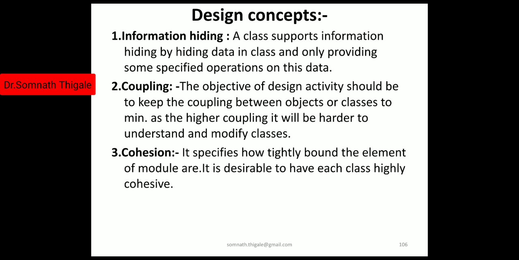Now, while working with the object oriented analysis and design approach, we are going to work with the following concepts. First is information hiding, in technical language called abstraction. Coupling, the relation between different modules. Coupling talks about dependency. Cohesion specifies how tightly bound the elements of a module are.